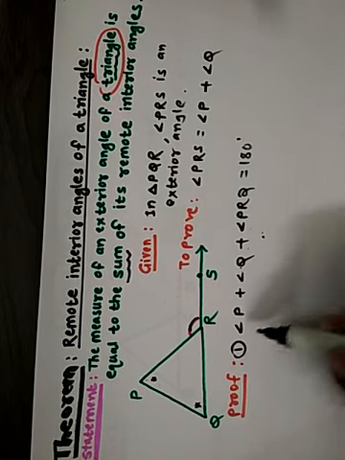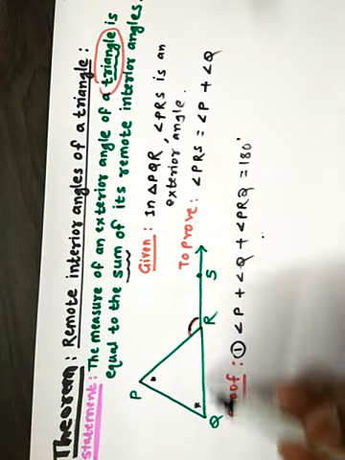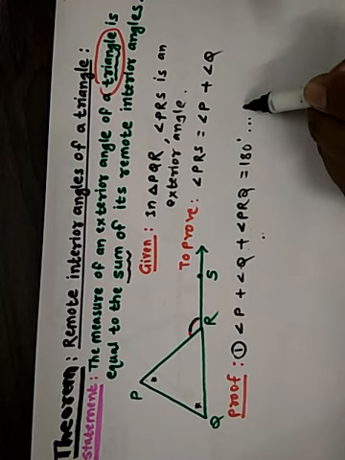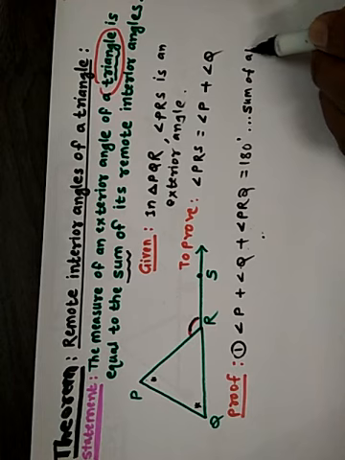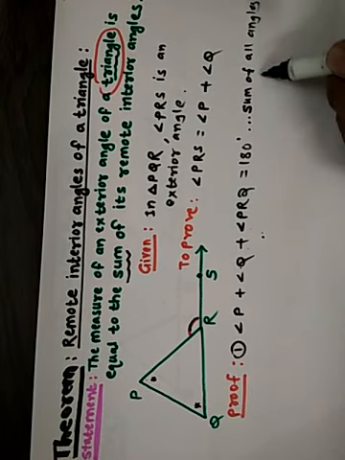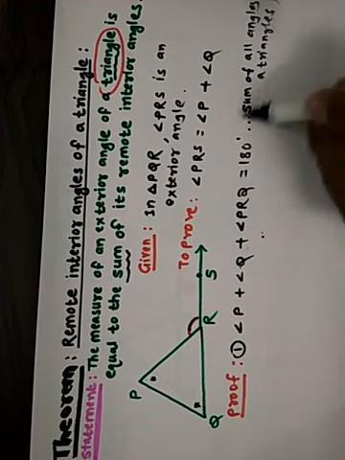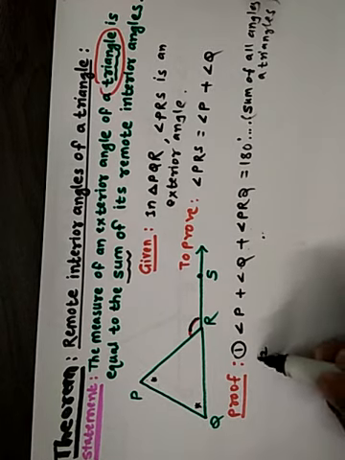This is the first statement: angle P plus angle Q plus angle PRQ is equal to 180. The given reason is that the sum of all angles of a triangle is 180 degrees. We use this previous property.